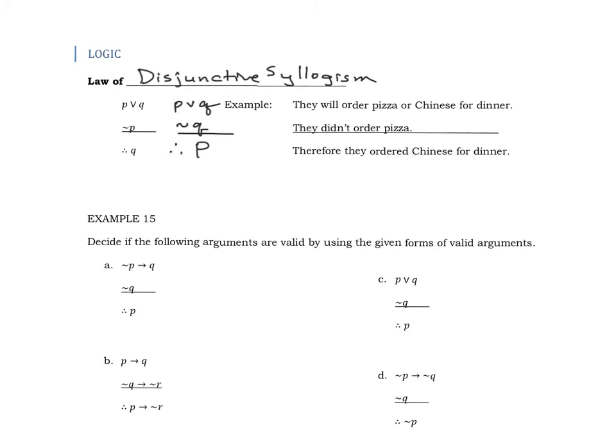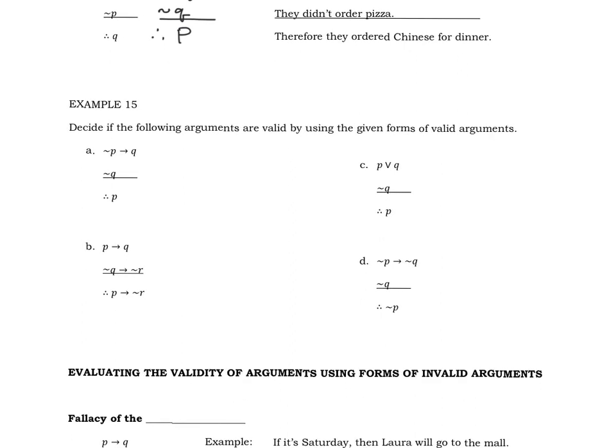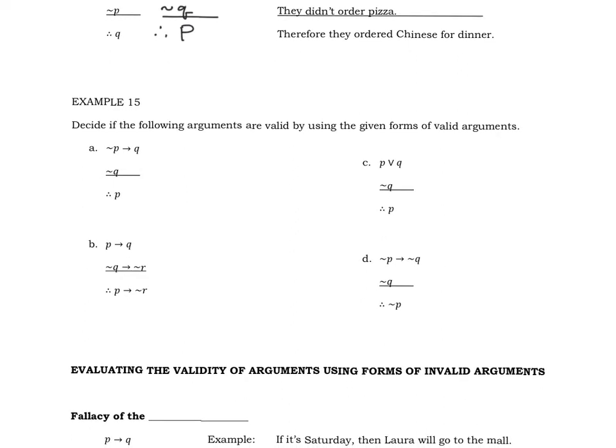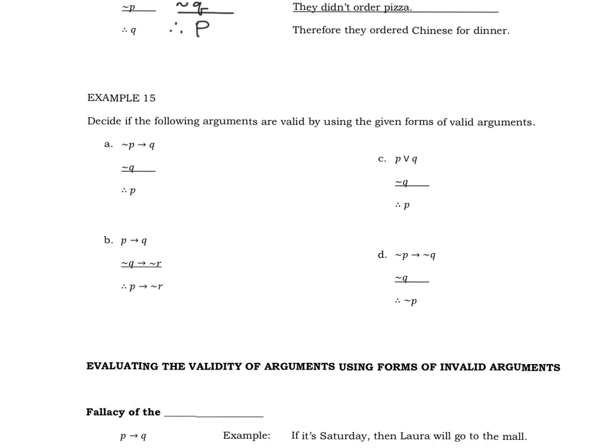Okay, so let's look at example 15. Decide if the following arguments are valid using the given forms of valid arguments. The only one that we would even think about for disjunctive syllogism would be this one right here. On A, B, and D, it would have to be law of detachment, law of contraposition, or law of syllogism or transitivity.